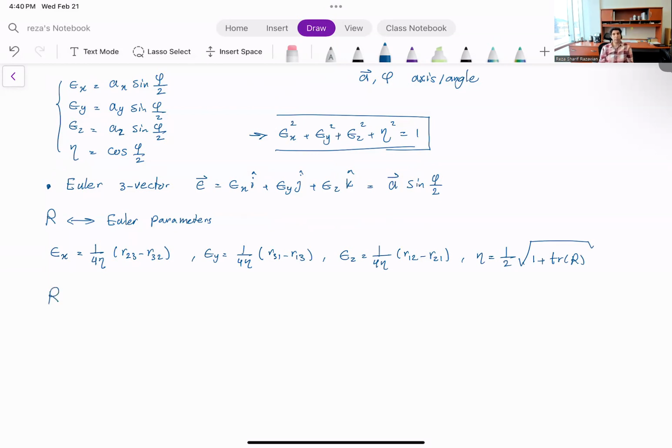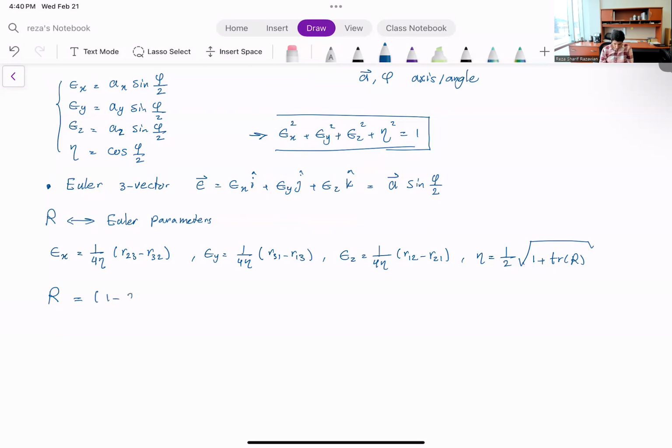And because these Euler parameters are almost the same concept as the axis and angle parameters, going the other way takes a similar form. I have these symmetric and skew symmetric parts, and I add them together. I'm just going to write the end result.